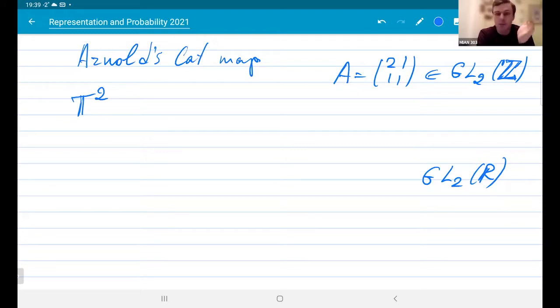But for GL2(Z) it is the set of invertible matrices such that the inverse is also a matrix with integer coefficients.